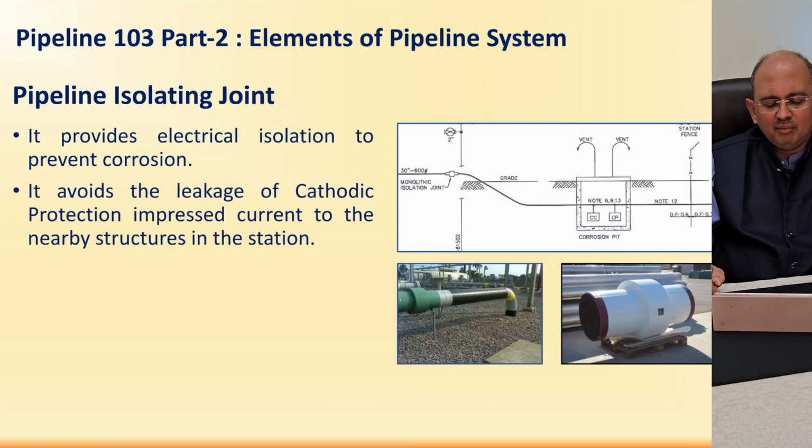The buried pipeline is normally provided with impressed current cathodic protection, basically to avoid the galvanic corrosion happening in the pipeline because of the soil properties, the corrosive or electric potential carrying properties in the soil.